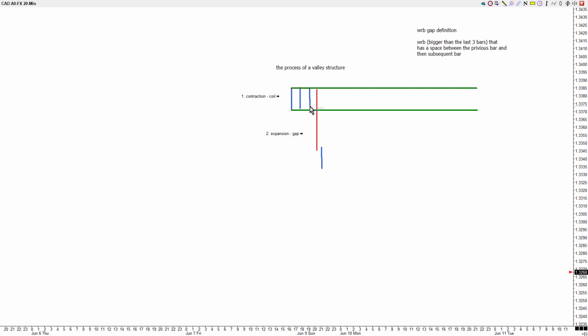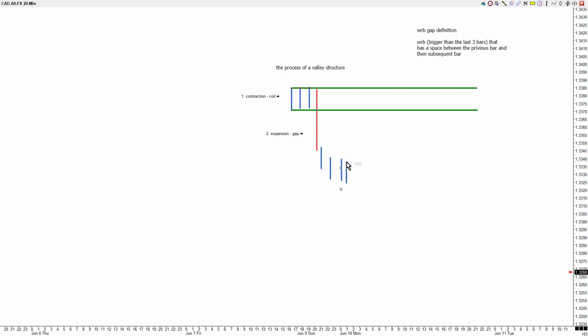And notice that there's a space between the previous bar and the subsequent bar. So that's going to be our definition of a gap. Now, what a gap is, it's part of the process of a valley. Right now it's a gap, so it's one of the components of a valley. And so that's step 2, okay?